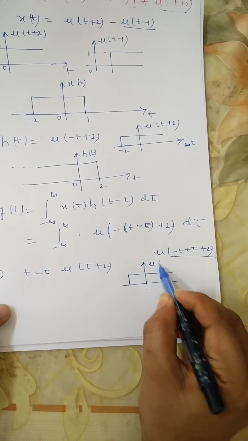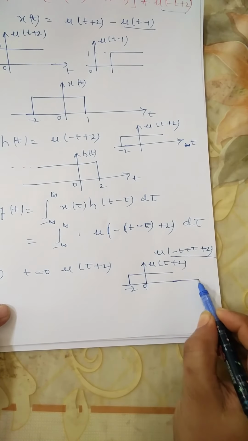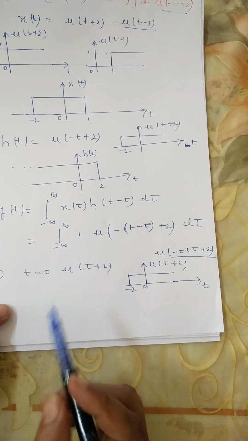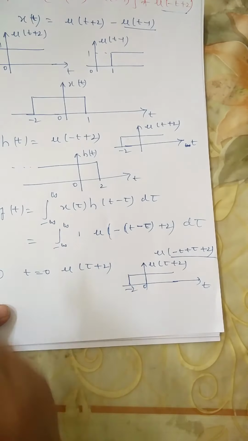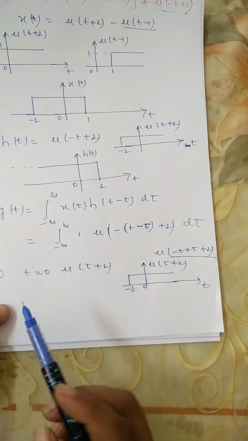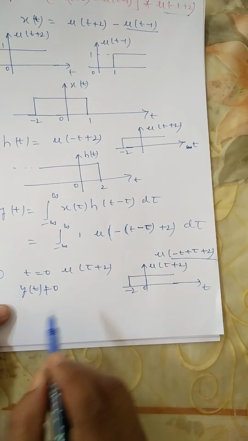When this signal multiplies the first signal, the complete x of t signal is multiplied with the second signal, and the output is not equal to 0.